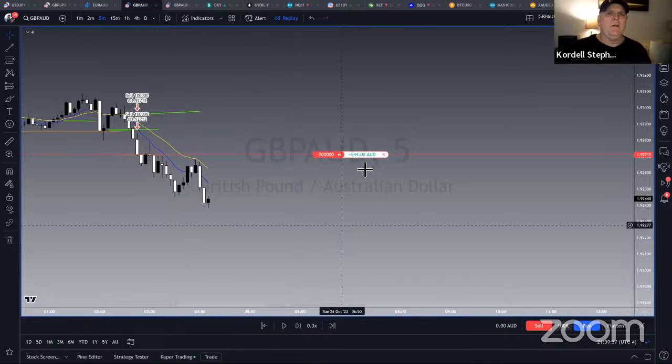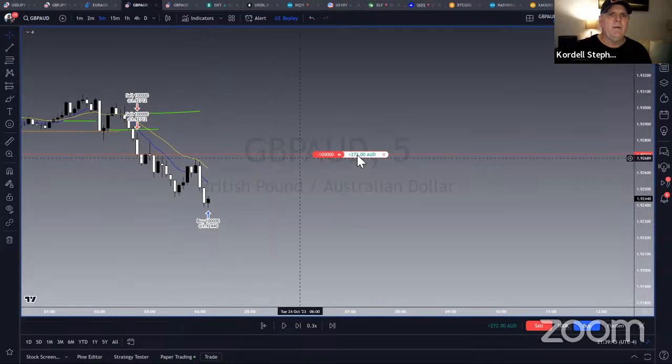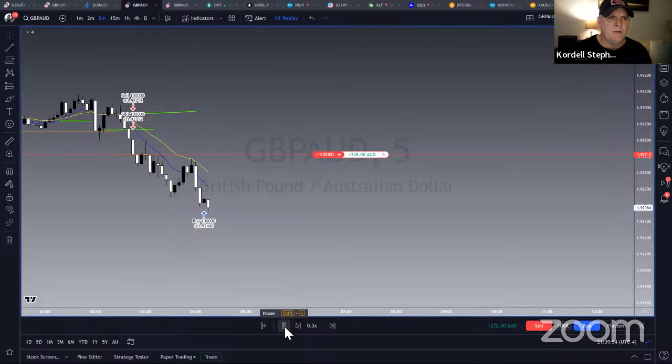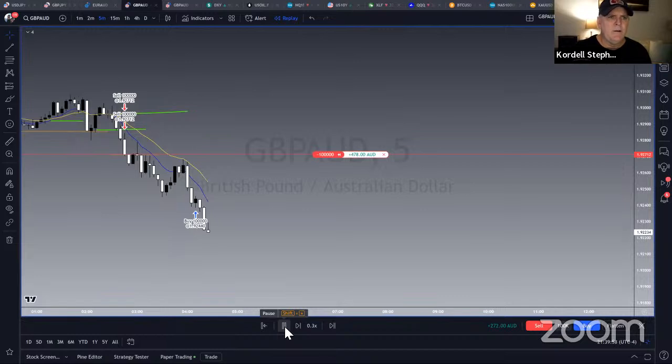At this point, you could obviously take some of this off. Yeah, we could take that off. We just need to be aware that this is set to break even now. And let's see if we get more downside pressure. There you go. Downside pressure, still good.